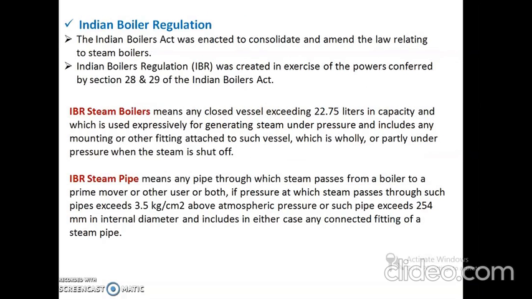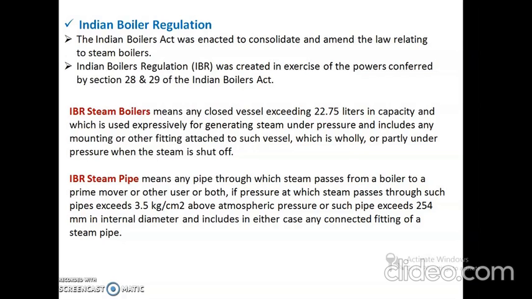Then in India, some regulations are there. The Indian Boiler Act ensures that proper boiler maintenance and operation is done, through continuous observation of the boilers used in the industries.